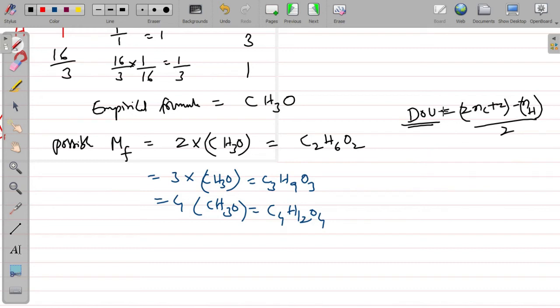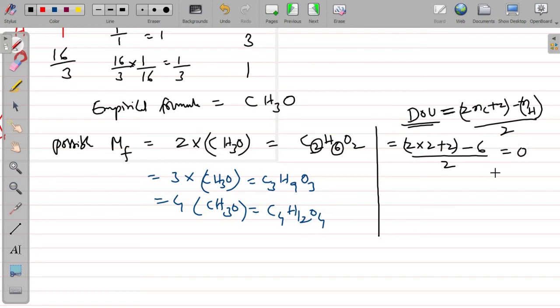You should not put the oxygen number here. In the first case, 2 carbons and 6 hydrogens: (2 into 2 plus 2 minus 6) divided by 2 will be 0. That means there is no unsaturation.